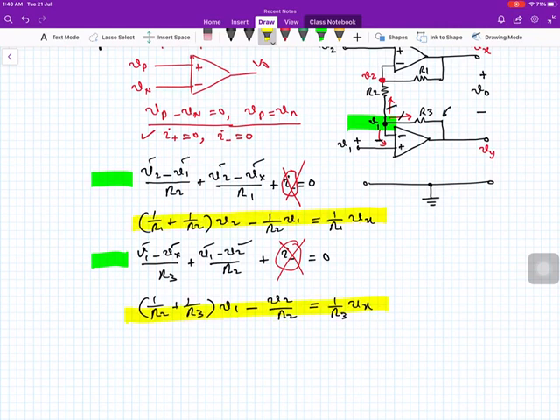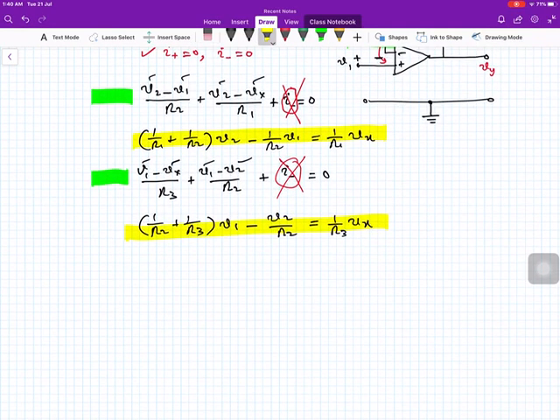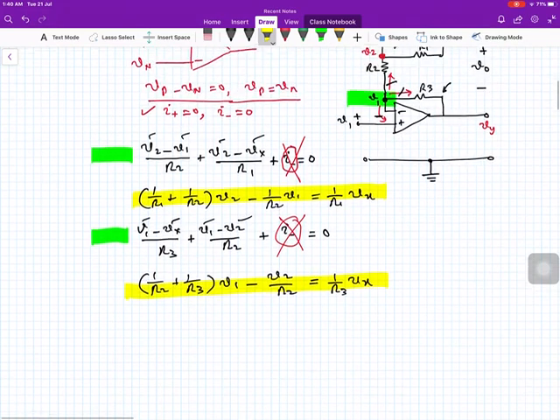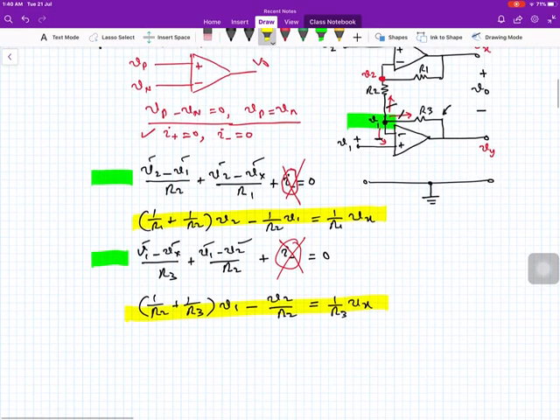Now, due to these two equations over here, I think I have done some mistake over here. Sorry for that.